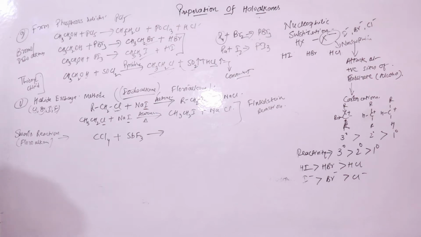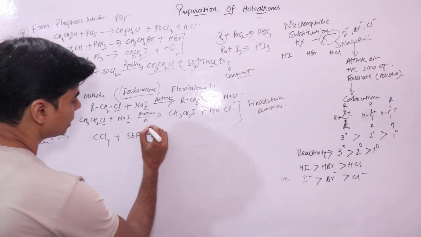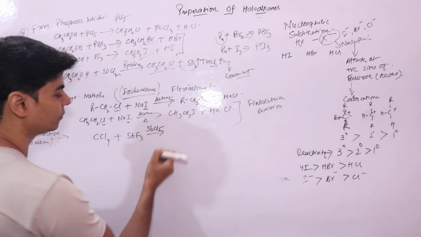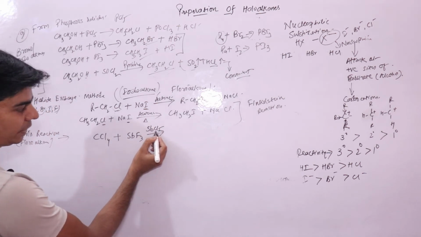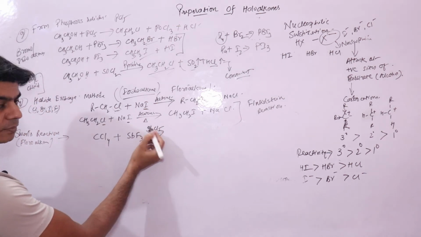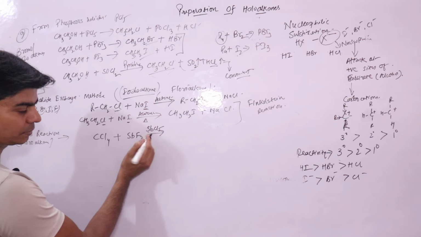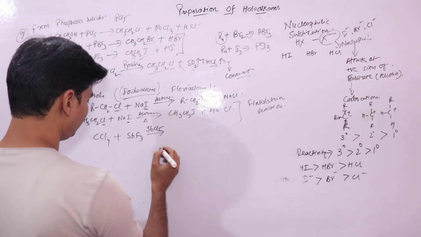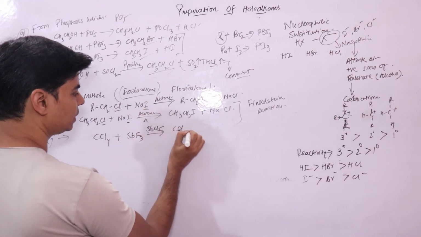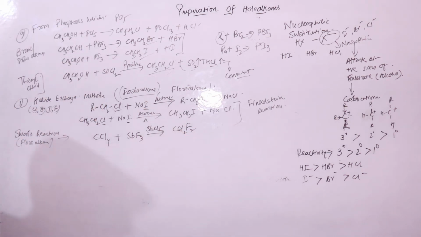We do this in the presence of a salt of antimony. It would be SbCl5, where your antimony is in the +5 state. You can see the valency of antimony is +5 here, since the formula is SbCl5. So the product that gets formed in this reaction is CCl2F2. This is the product that gets formed.